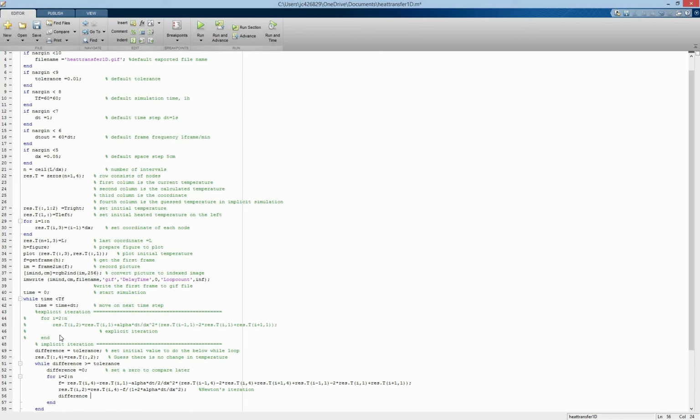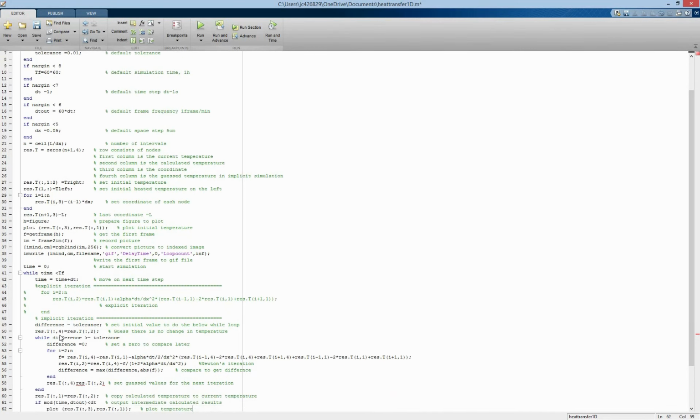And then I try to see the tolerance. Which one is larger? And after calculations, I copy the calculated temperature to the guess temperature for the next implicit iterations.